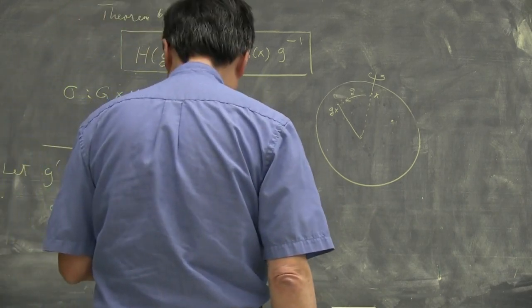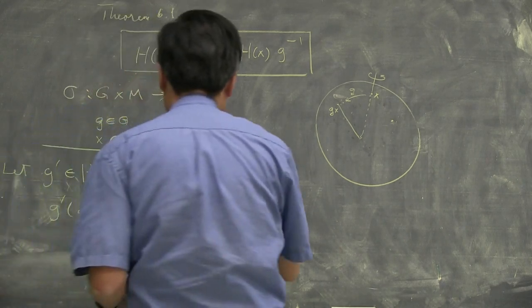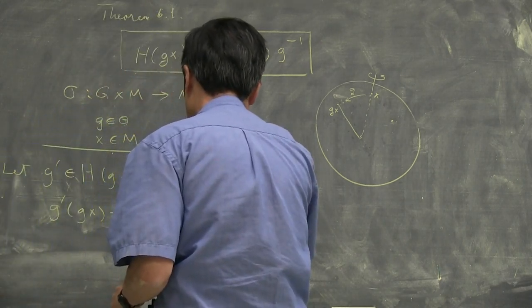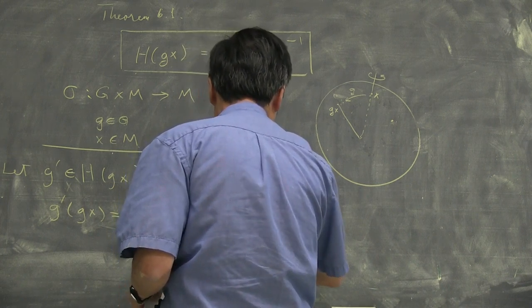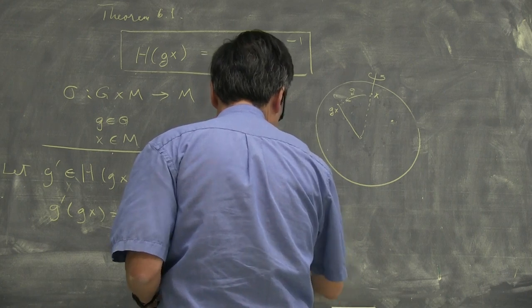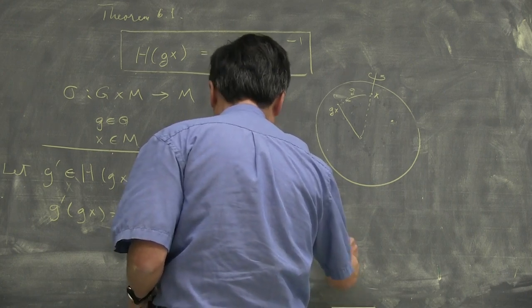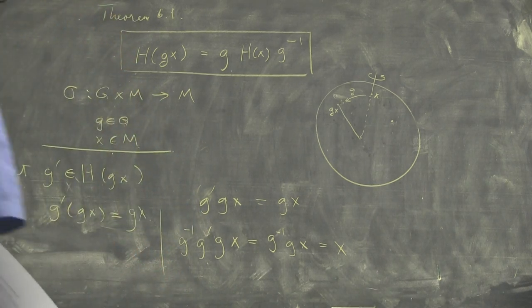Now let me multiply by g inverse on the left-hand side. So then I have g inverse g prime gx is equal to g inverse gx, but g inverse g is the identity, so therefore this is just equal to x.